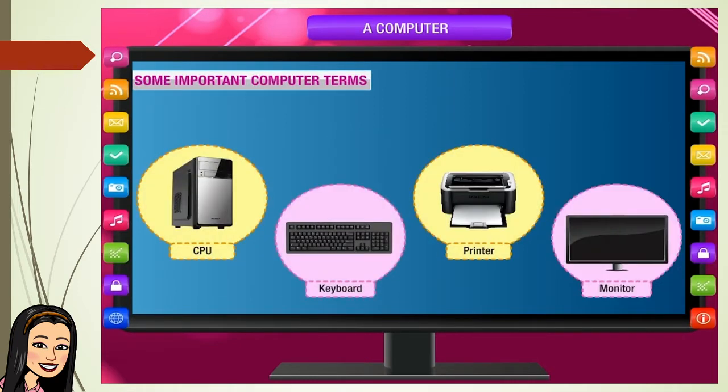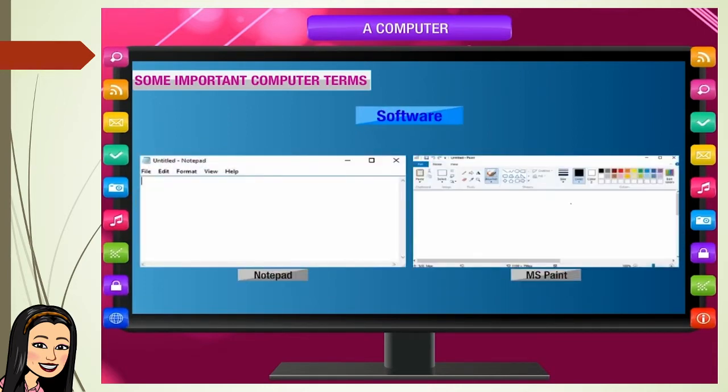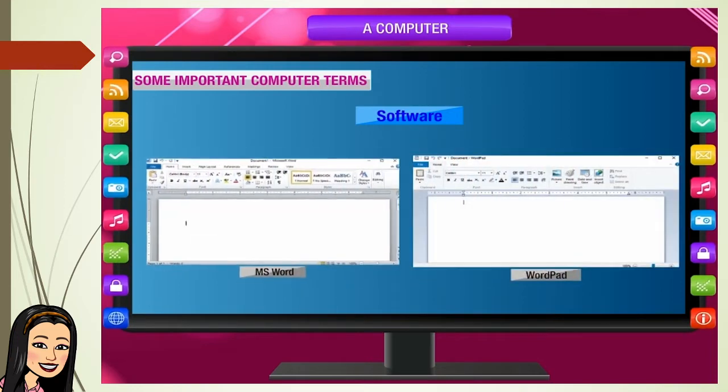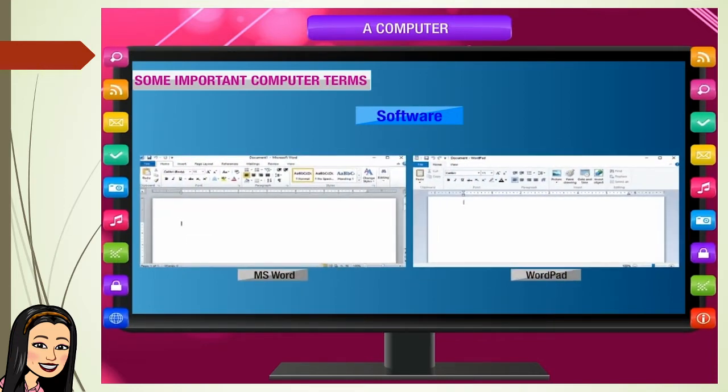Some important computer terms. Hardware. The physical parts of the computer are called hardware. For example, CPU, keyboard, printer, monitor, etc. Software. The programs or set of instructions that tell the computer what to do are called software. For example, Notepad, MS Paint, MS Word, WordPad, etc., which is a part of MS Office software that works with Windows 10.